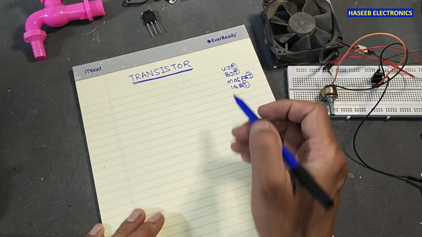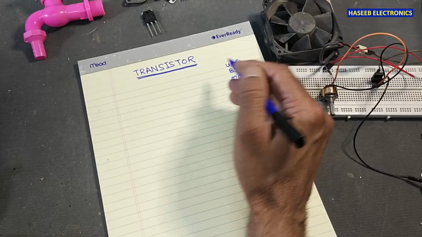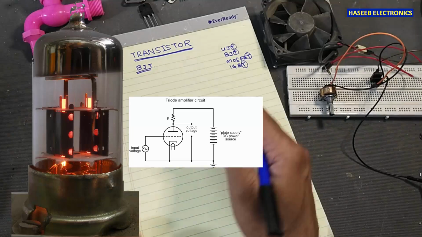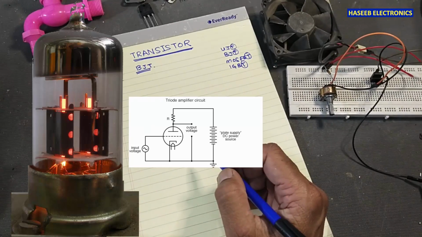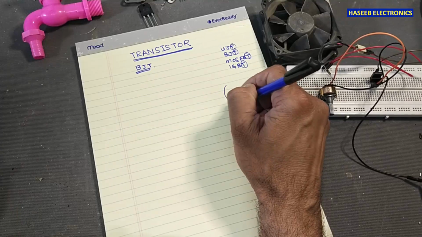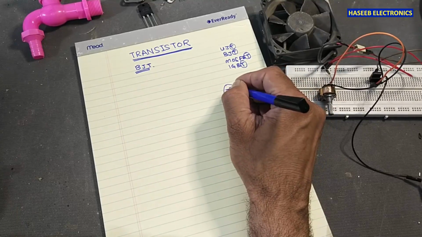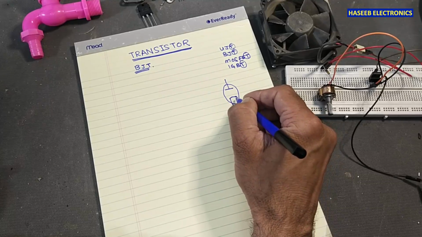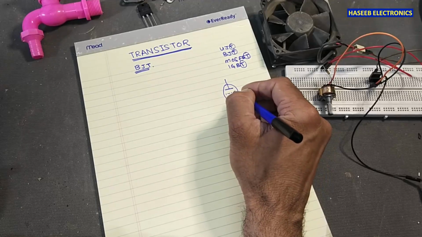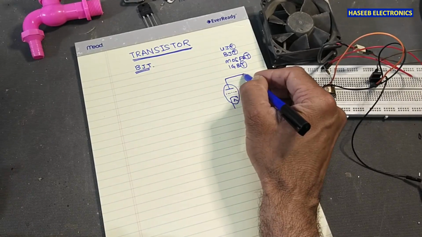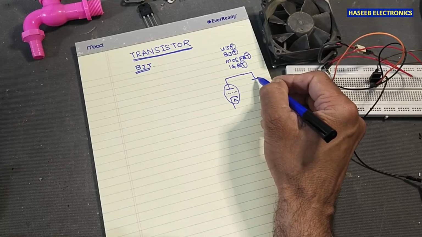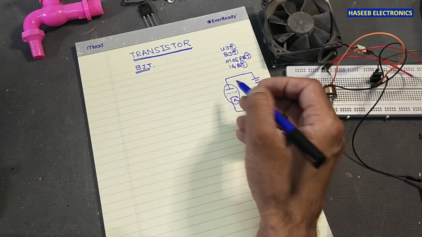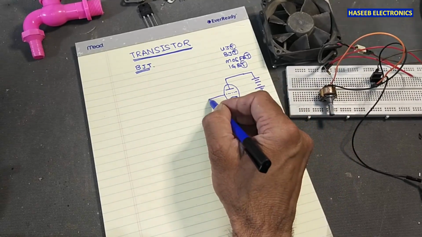In this session we will see the BJT, bipolar junction transistor. If you have some idea about the triode, in tube theory there was a plate, an electrode, a heater, and a control grid. Here we apply positive plate voltage, and here we apply some signal.